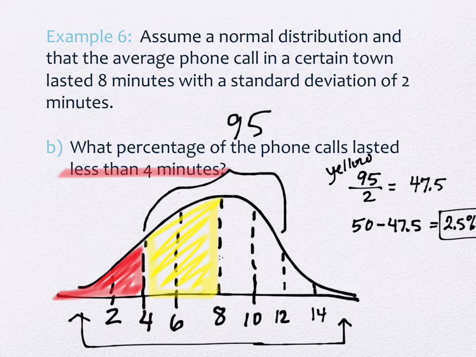So the part that's in yellow and the other half of the side that's not in yellow would be the equal part, the 95%. And so we could take 100 minus 95 and divide by 2 to get the same 2.5%. And in fact, that's the one that I have written down in my notes. And that works too.